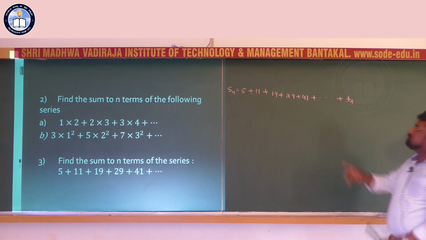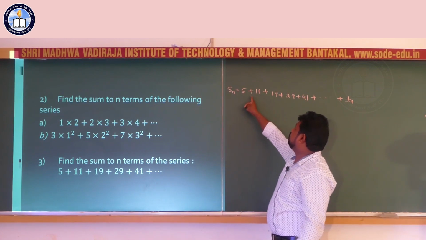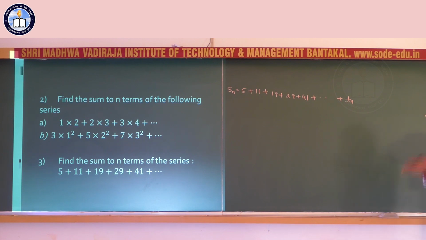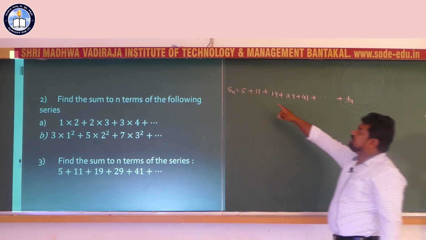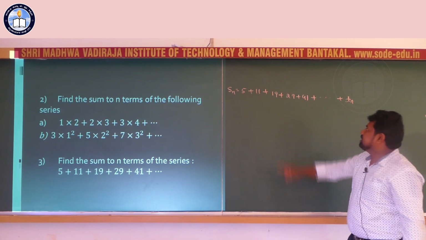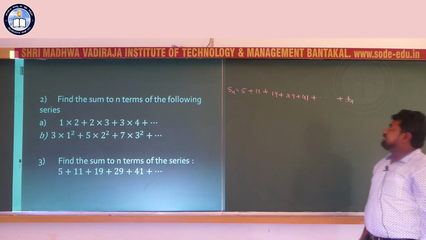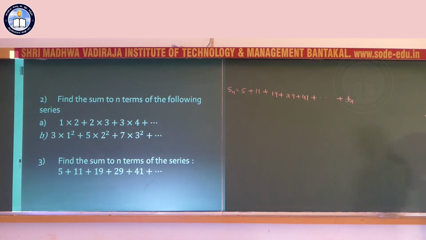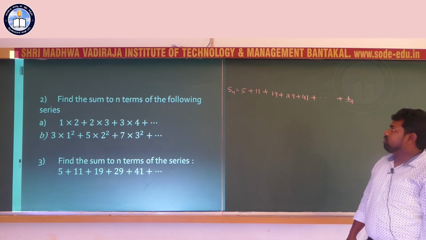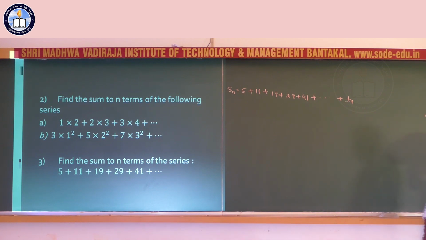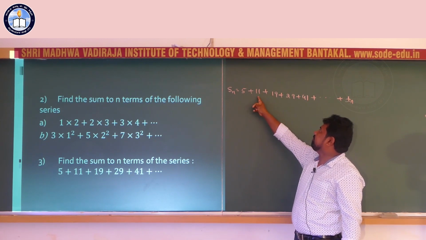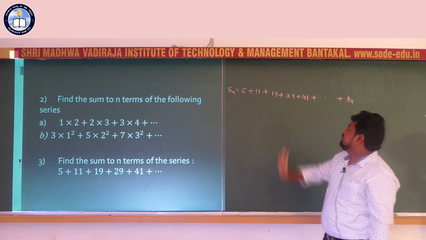See here, this sequence 5, 11, 19, 29, 41 is not in arithmetic progression. Here 11 minus 5, 6, 19 minus 11, 8, 29 minus 19, 10. Therefore, difference between the consecutive terms is not same. Therefore, it is not in arithmetic progression. Also, 11 by 5 is not equal to 19 by 11, that is not equal to 29 by 19.